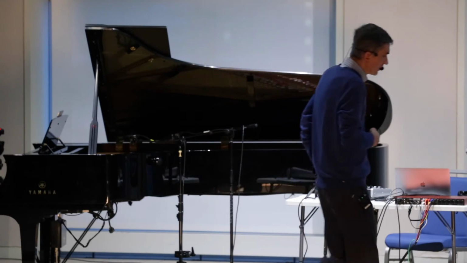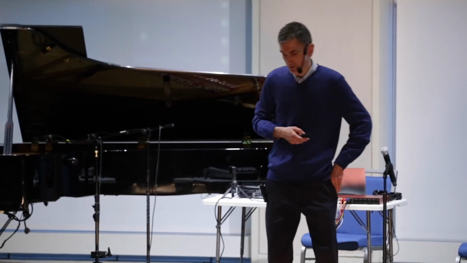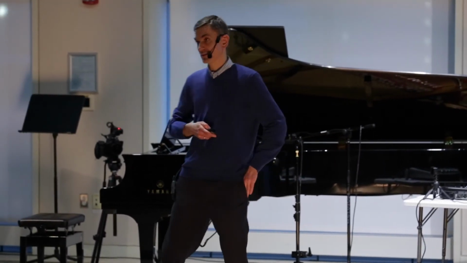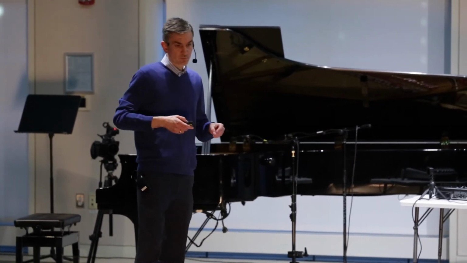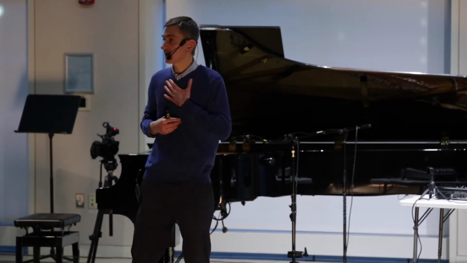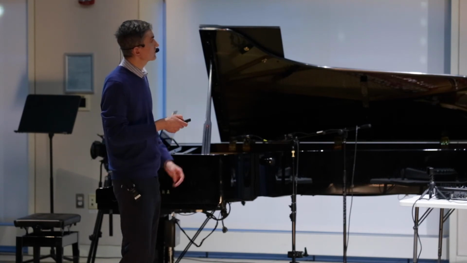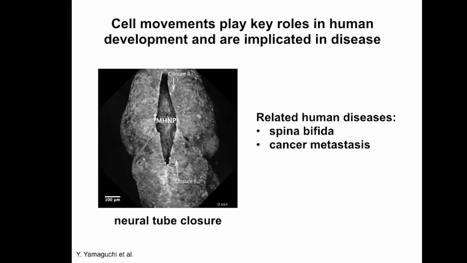And so I would like to wrap up my presentation by bringing parallels between Drosophila and humans. There are a lot of processes in our development that are based on cellular contractility and controlled cell movements. For example, this is a neural tube closure event in the mouse embryo, and it looks very similar in the human embryo as well.